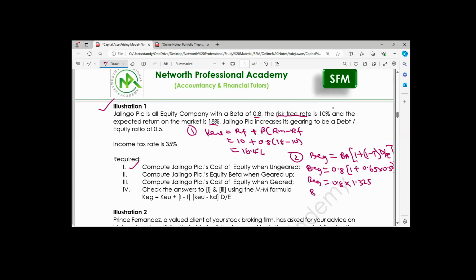Finally, the beta equity of a gear will be 0.8 multiplied by 1.325, which is 1.06. 1.06 is the beta equity of a gear.